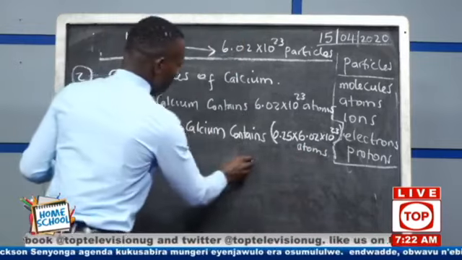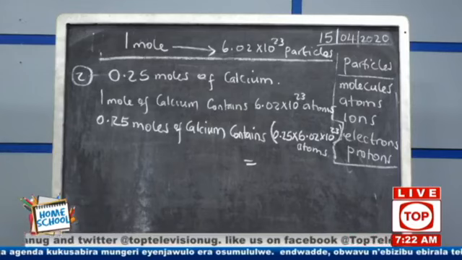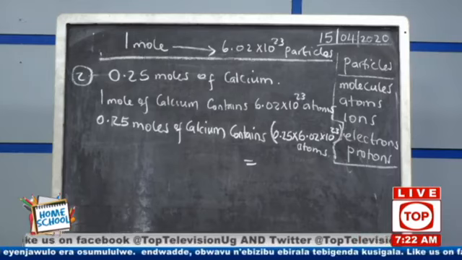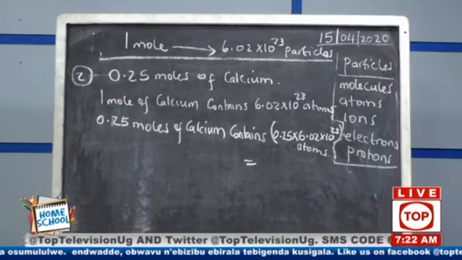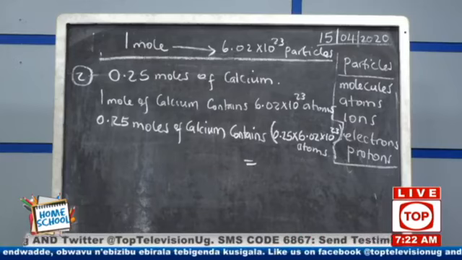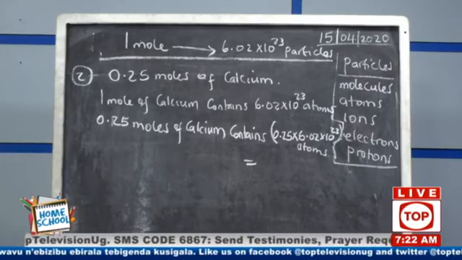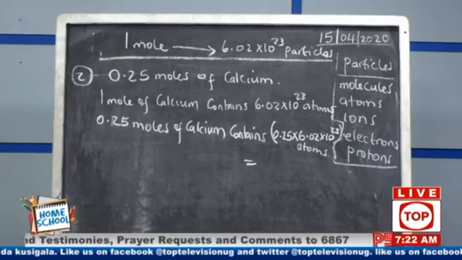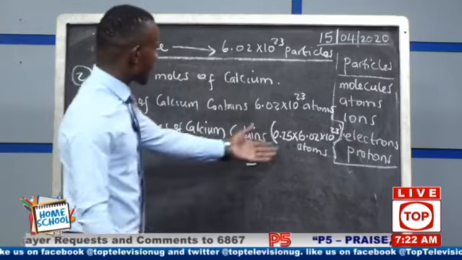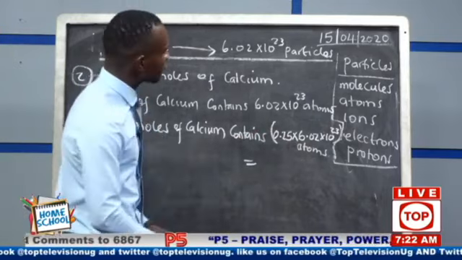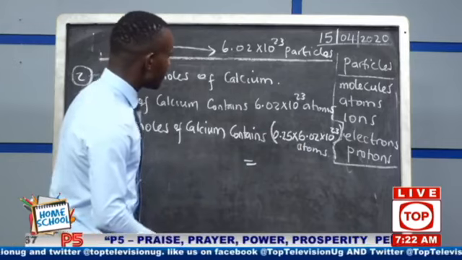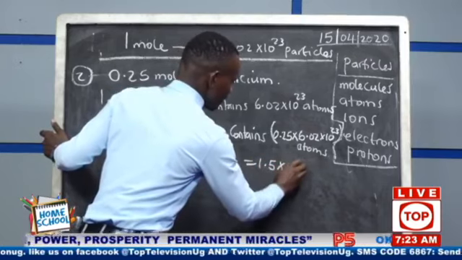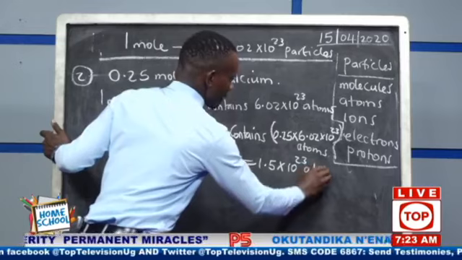Okay? When we use our calculator, we can get the right answer. Please use those calculators to get the right answer. Don't wait for mine. When you calculate, you multiply 0.25 times 6.02 times 10 power 23, you'll end up with 1.5 times 10 power 23 atoms.